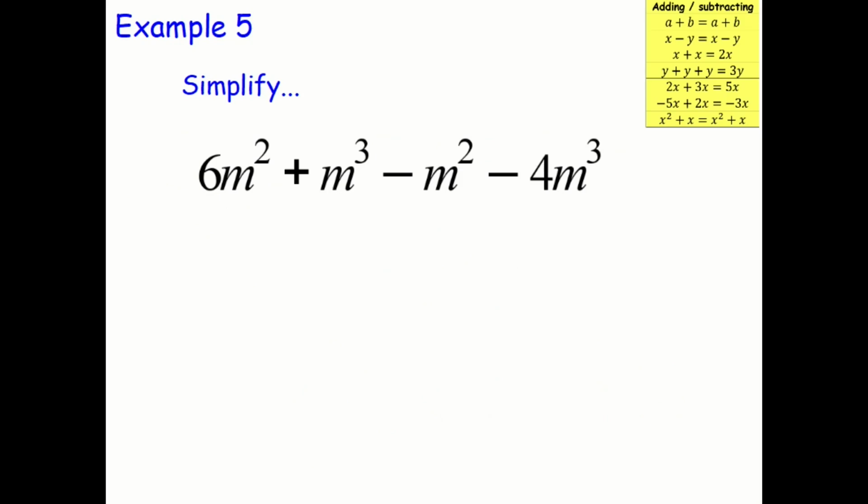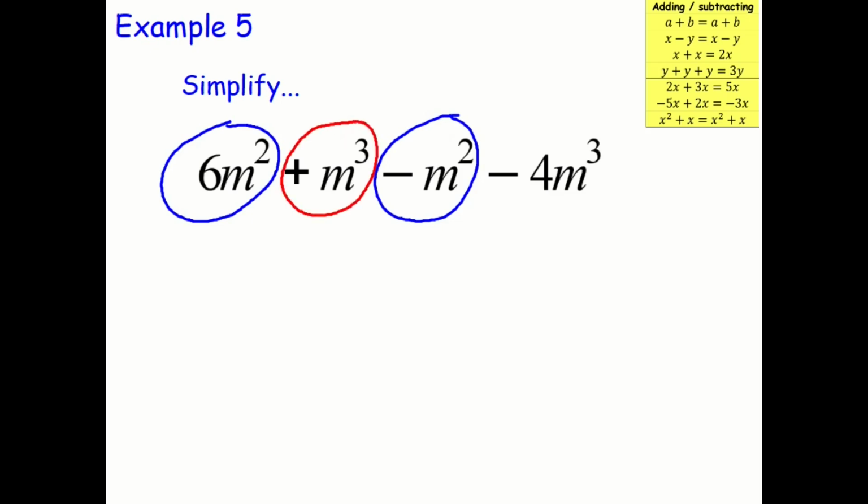Example 5, simplify 6m squared plus m cubed minus m squared minus 4m cubed. Okay, so identify what your like terms are. So here I've got an m squared, here I've got an m squared, here I've got an m cubed, and here I've got an m cubed.